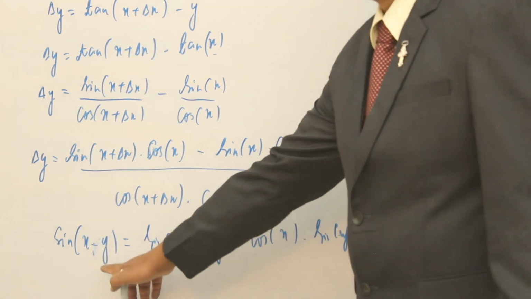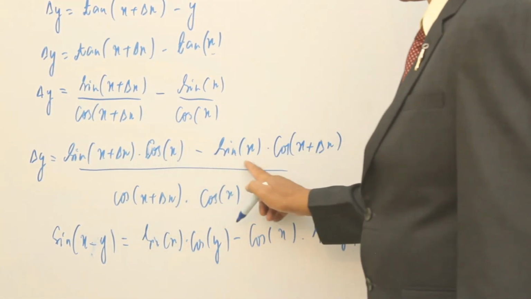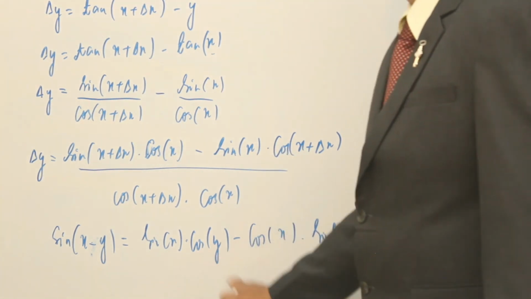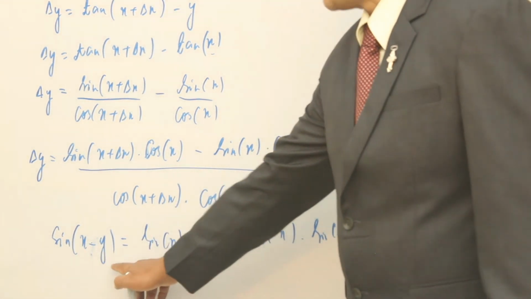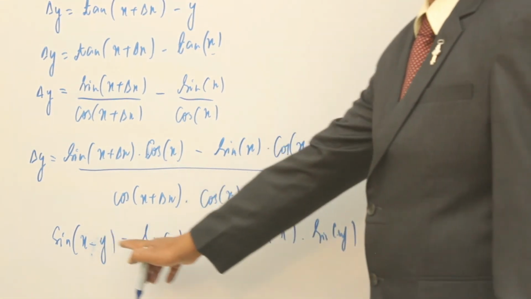So applying this, we have sin into cos minus cos into sin, that is equal to sin of x minus y. So resolve this into sin of x minus y, applying this formula in the reverse order.